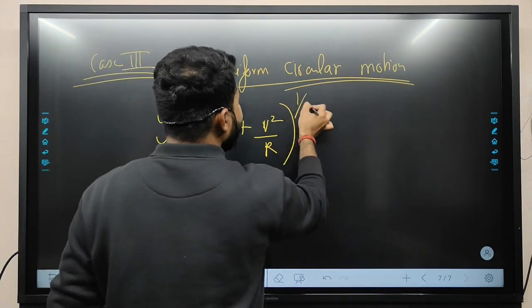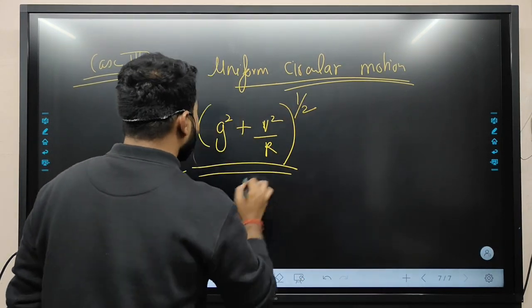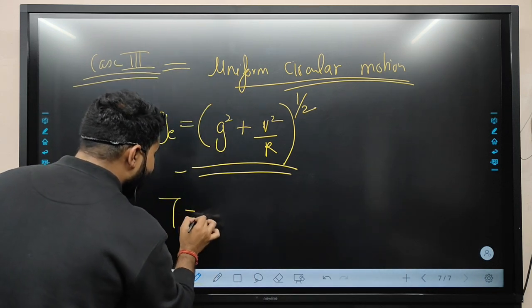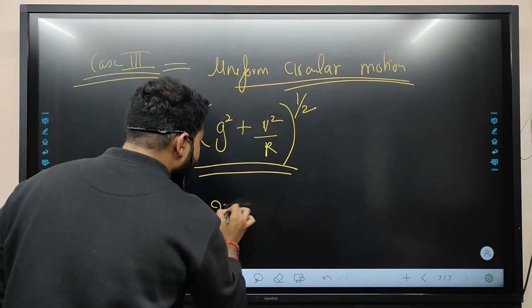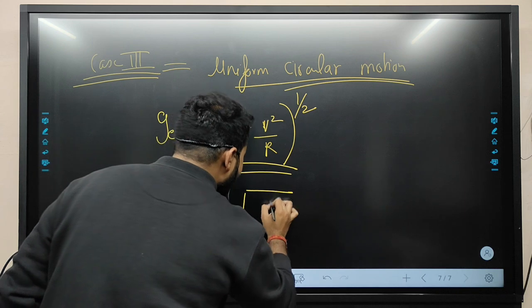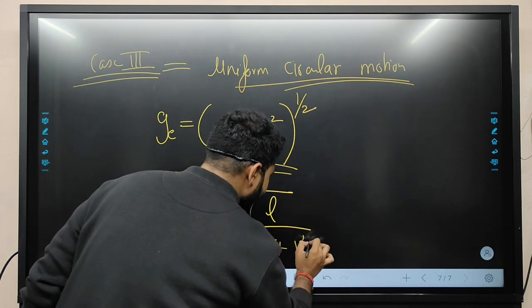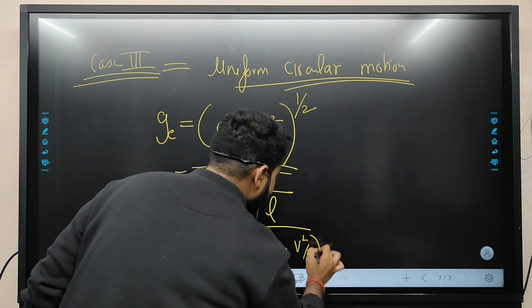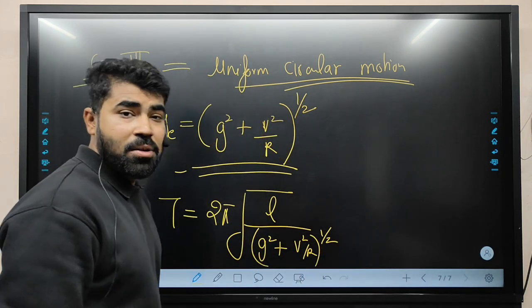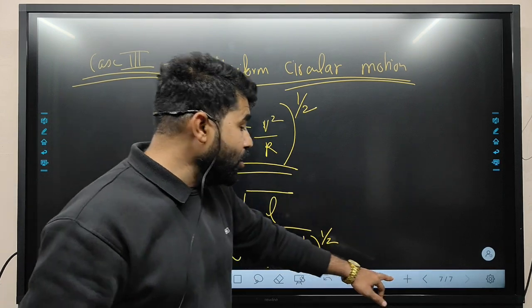So what will be the time period? T is equal to 2 pi under root L by this G square plus V square upon R whole power 1 by 2.